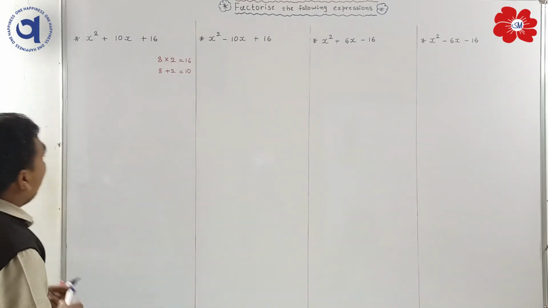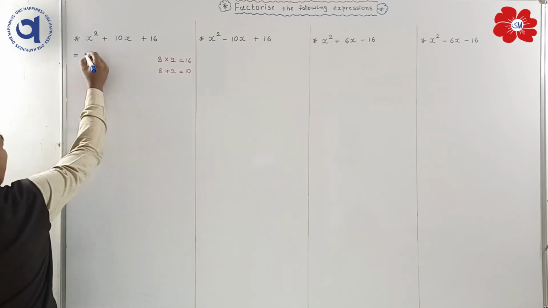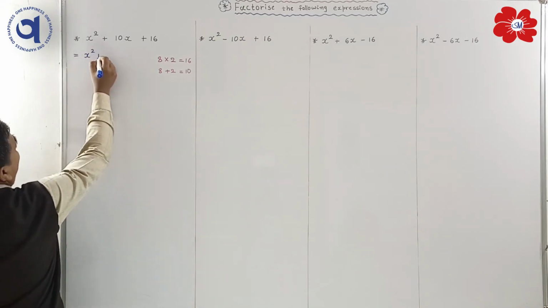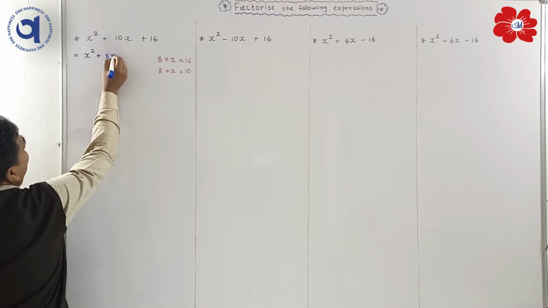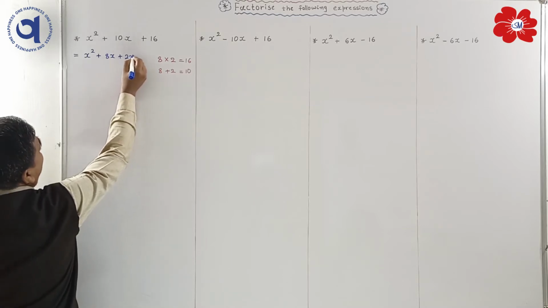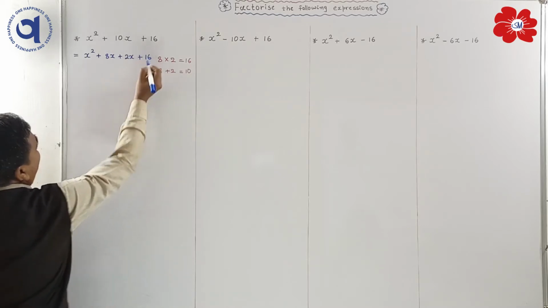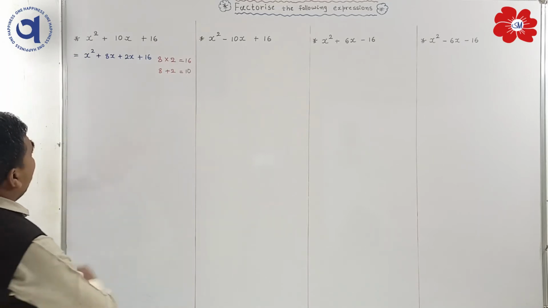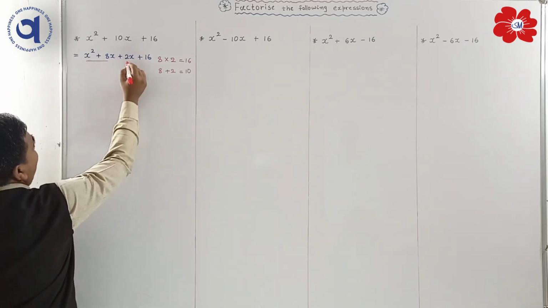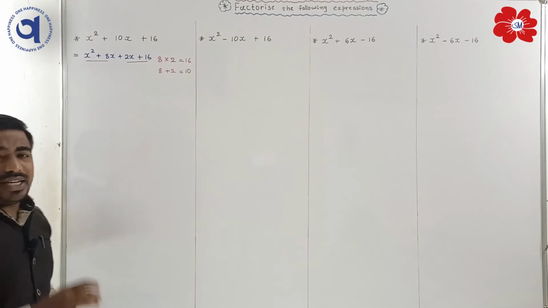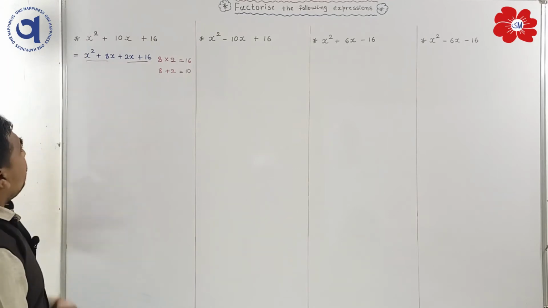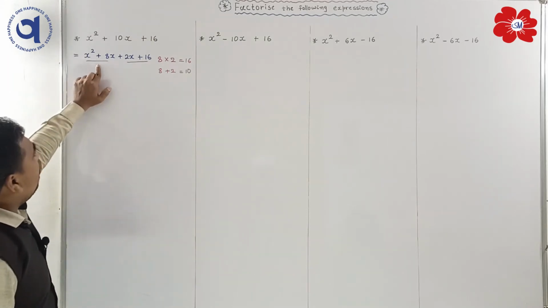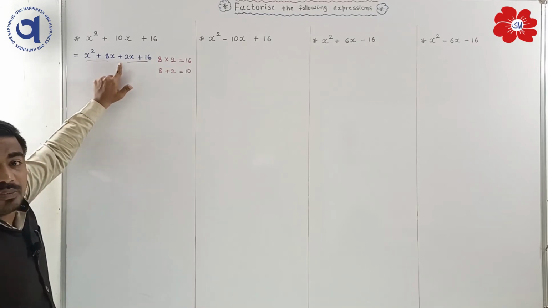So how can we write it? Look here, we can write x square plus 8x plus 2x plus 16. Then we divide into two parts. Here the first sign is plus, the second sign is plus.